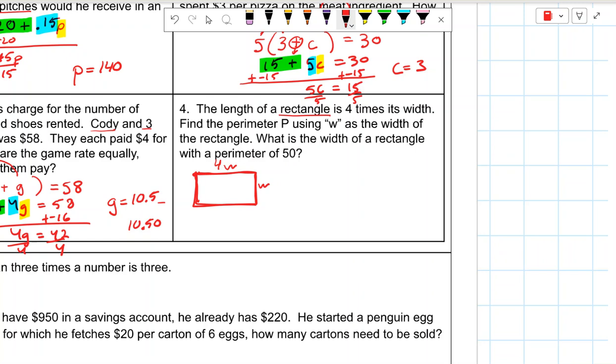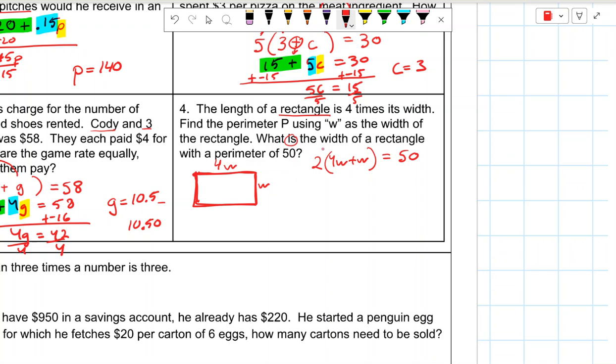Now, when you're dealing with perimeter back in elementary school, you know that there are 2 lengths and 2 widths. So if you set this up as 2 times a length plus a width, because there's 2 pairs of those, all of them have to equal a perimeter of 50, and it says it right at the end. What is the width of the rectangle with a perimeter of 50?